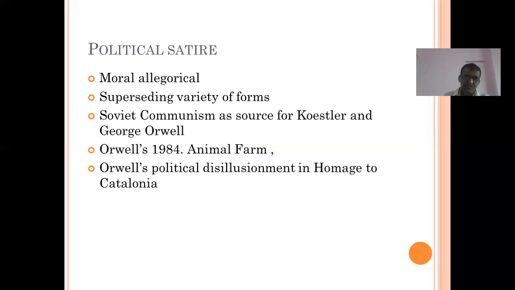This very beautiful novel written by George Orwell is very much useful for the students to understand the political disillusionment that we see.